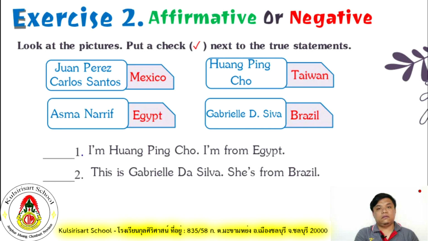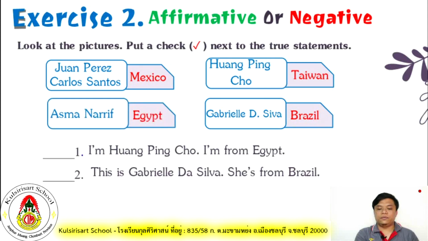It's false. So we will not check number 1, because Wang Pincho is from Taiwan. He said, I'm from Egypt. That statement is false. The statement is in affirmative form, I am from Egypt, but it is false.